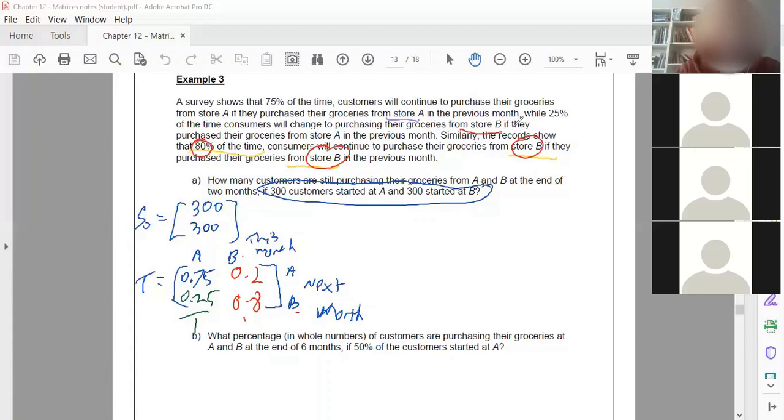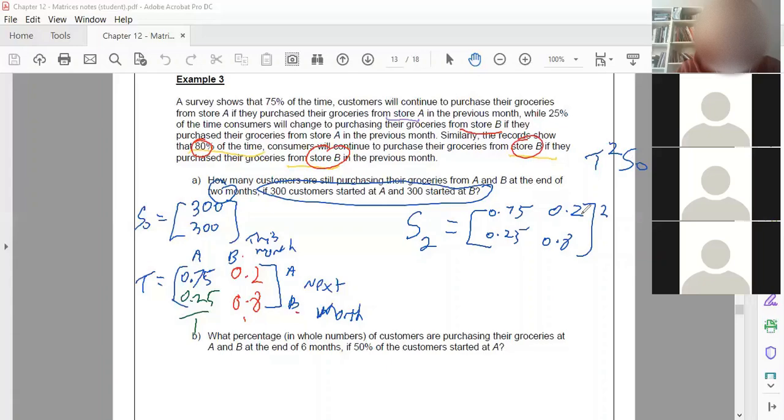Okay, so going back to the question, it says how many customers are still purchasing their groceries from A and B at the end of 2 months? So we want S of 2, 2 months later. So all we're going to do, and I'll do it here, is T squared times S of 0. So 0.75, 0.25, 0.2, 0.8 to the power of 2.